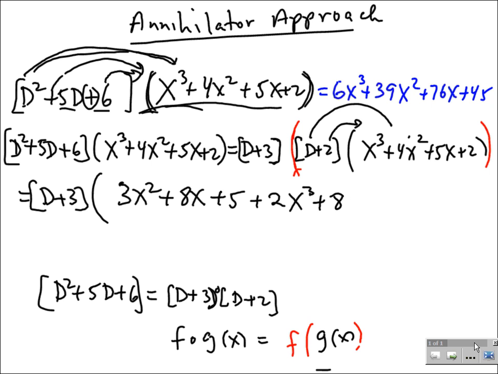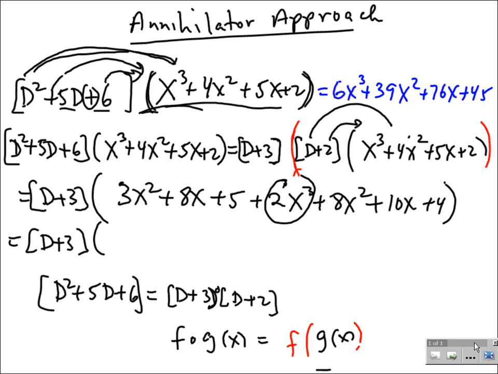2x cubed plus 8x squared plus 10x plus 4. And before I do d plus 3 on what's in the bracket, I choose to combine my terms. I don't have to, but I will. I only have one term that has x cubed. X squared, I have 2.